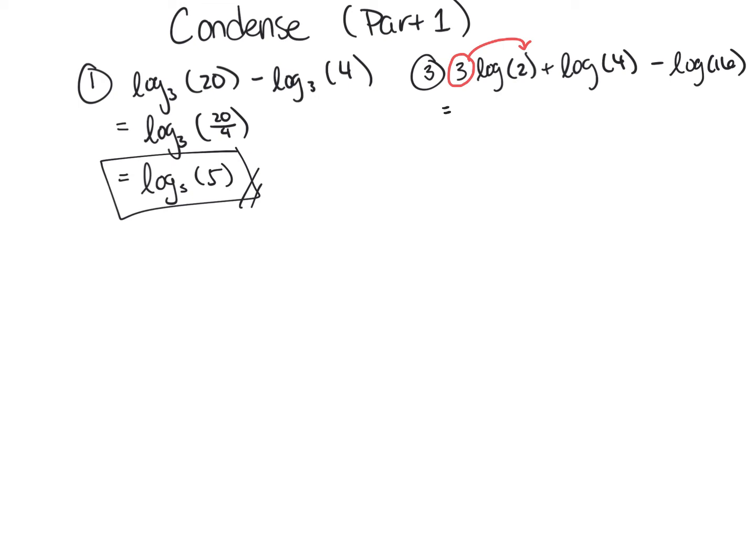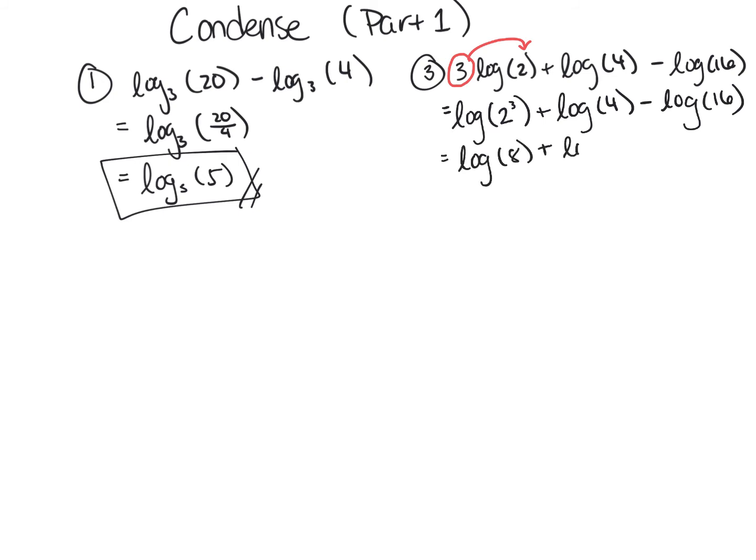But when we bring this coefficient to be an exponent, this becomes log of 2 cubed plus log of 4 minus log of 16. Let's see, 2 cubed is going to be 8. So this is log of 8 plus log of 4 minus log of 16.